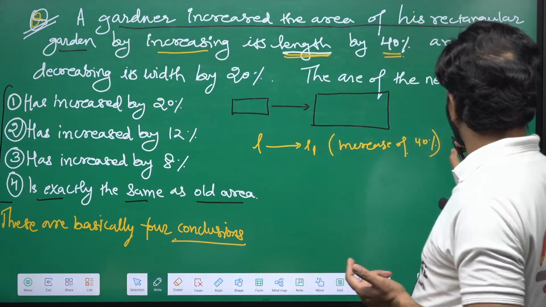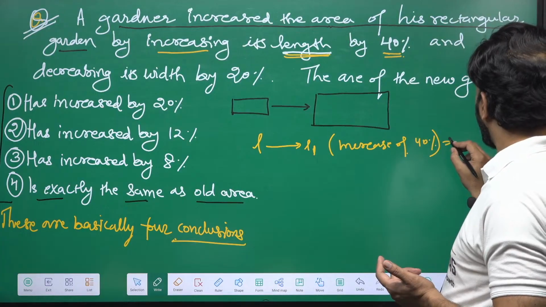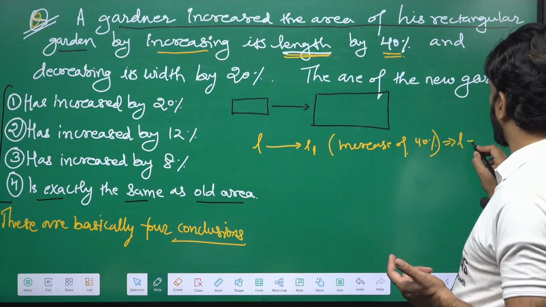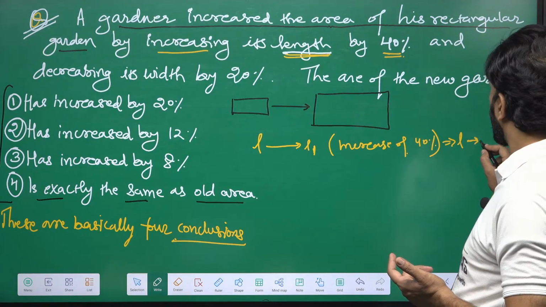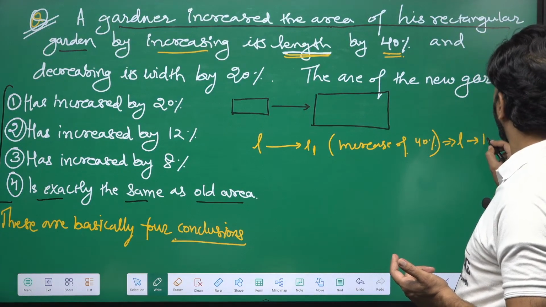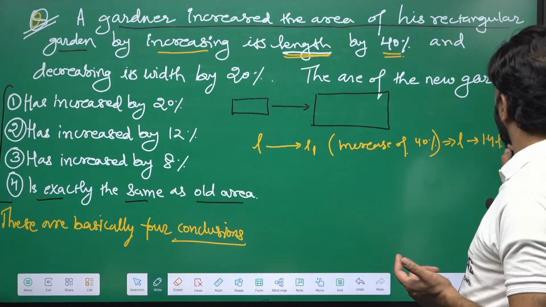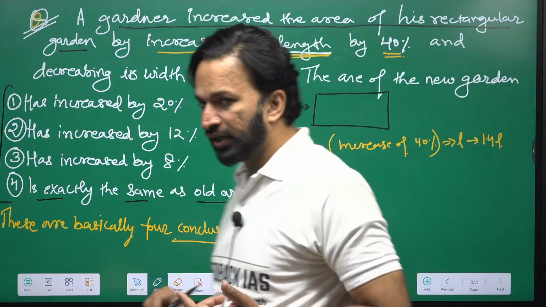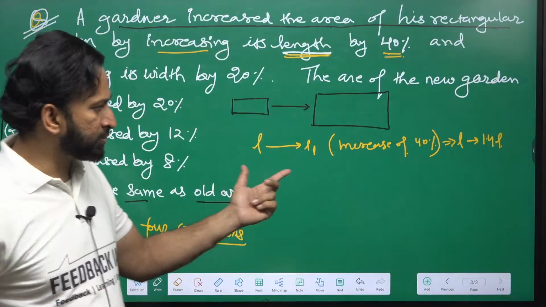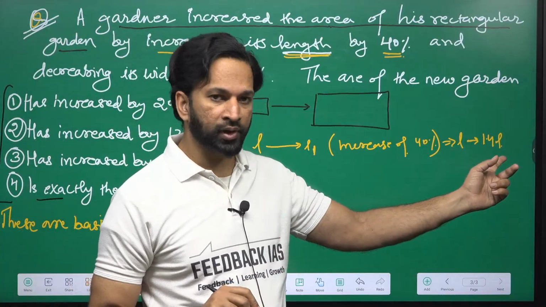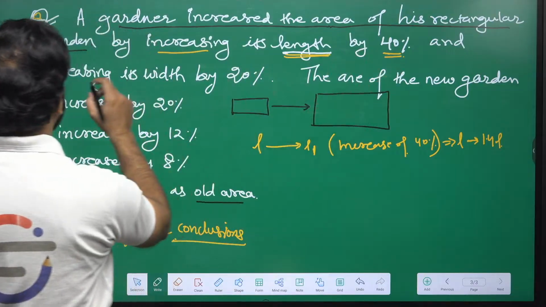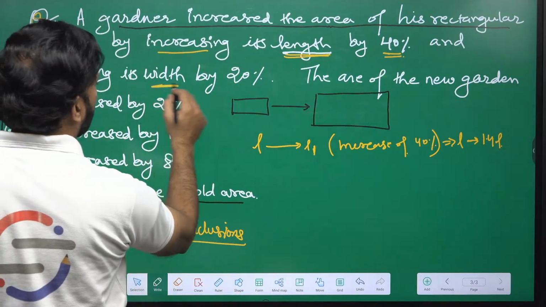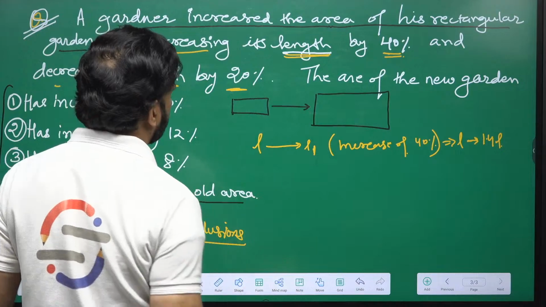So L is now 1.4 L. So the length of the area is now 1.4 L, and decreasing its width by 20%.